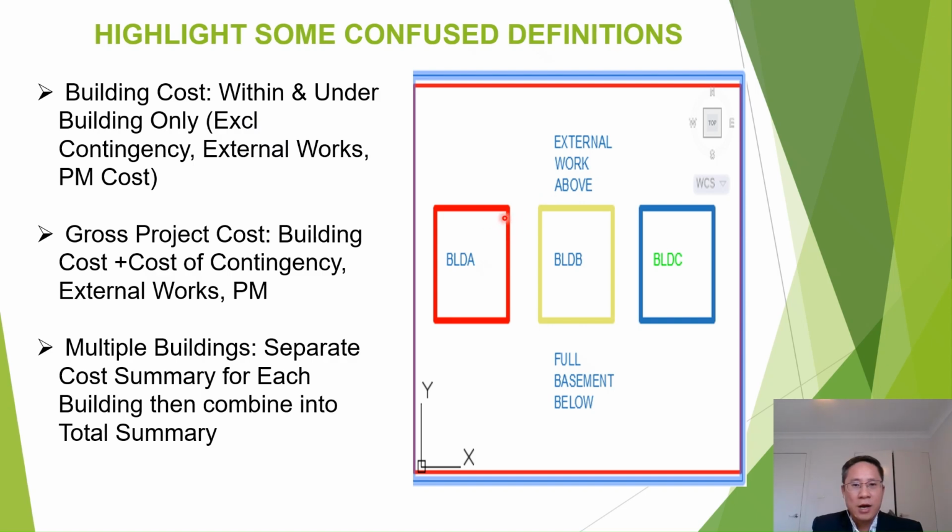There are 3 buildings, building A, building B, and building C, and below these 3 buildings is a full basement for the 3 buildings, and the external work will be carried out on top of the basement, on the rooftop of the basement.